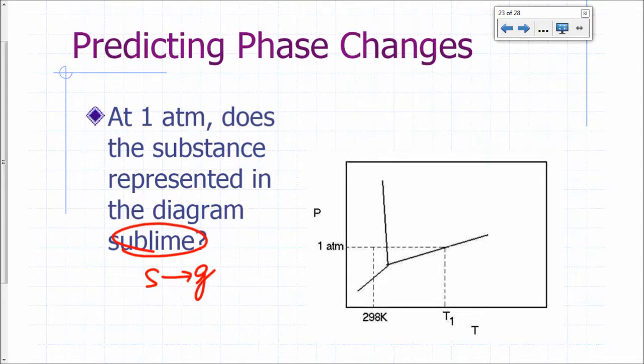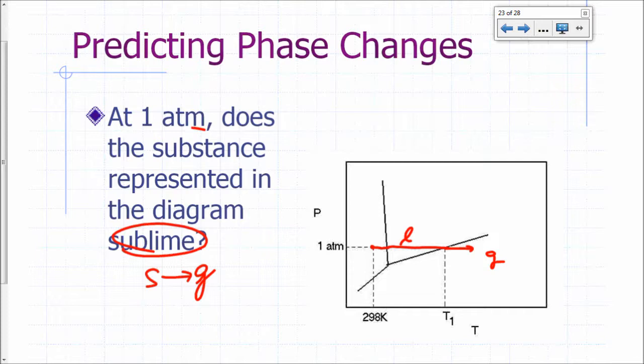Well, at 1 atmosphere, room temperature, this is the point, so you would expect your substance to be a solid at room temperature. What happens if you heat it? Then it will turn into a liquid first. Okay, and then you continue heating the liquid, eventually your liquid turns into a gas. So that means this substance is not going to sublime. It's going to melt first before it turns into a gas at 1 atmosphere.